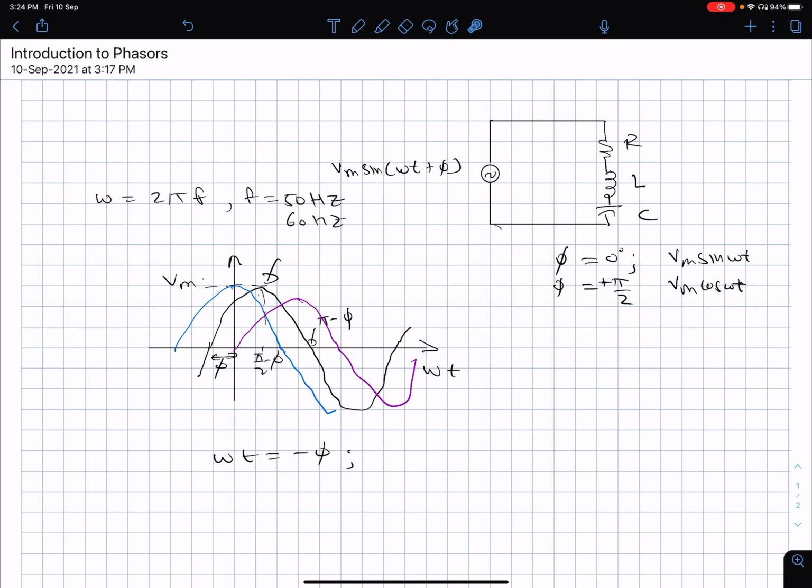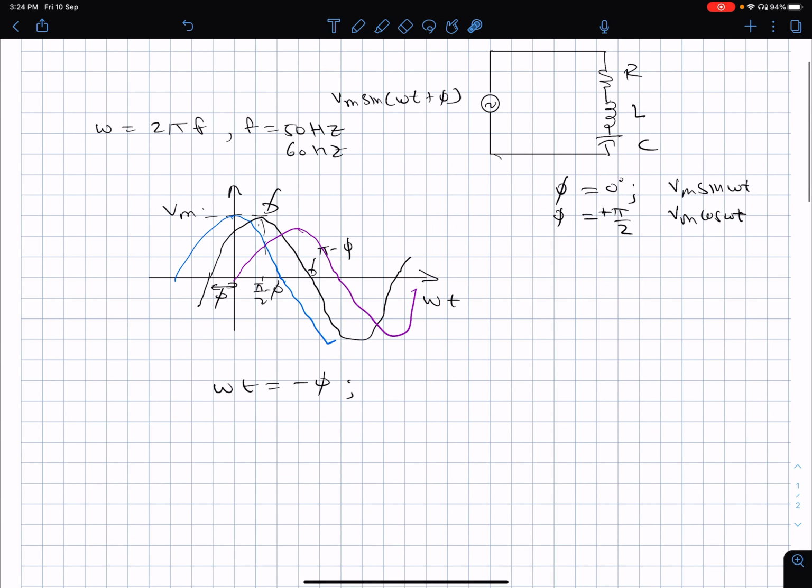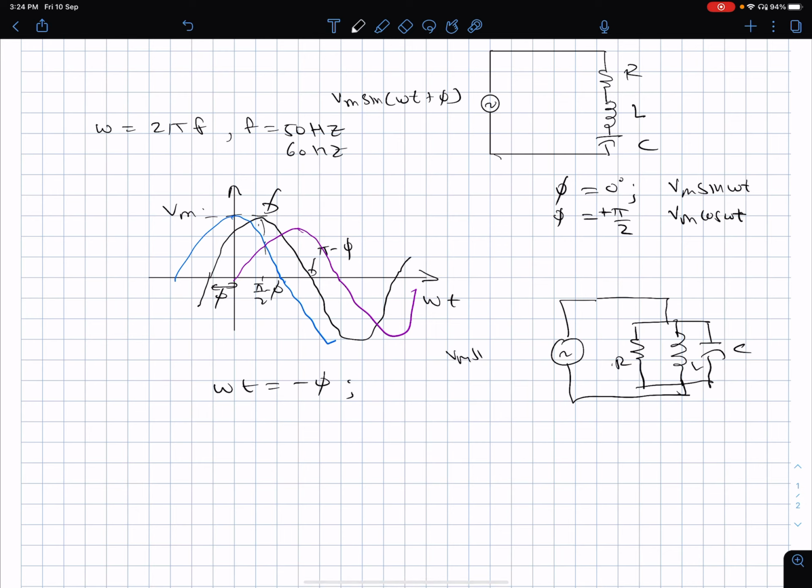So that's why RLC is a good circuit representation. Series RLC is enough for us to start with, but you could also have a parallel combination of the series RLC circuit, with the source Vm sine of omega t plus phi.